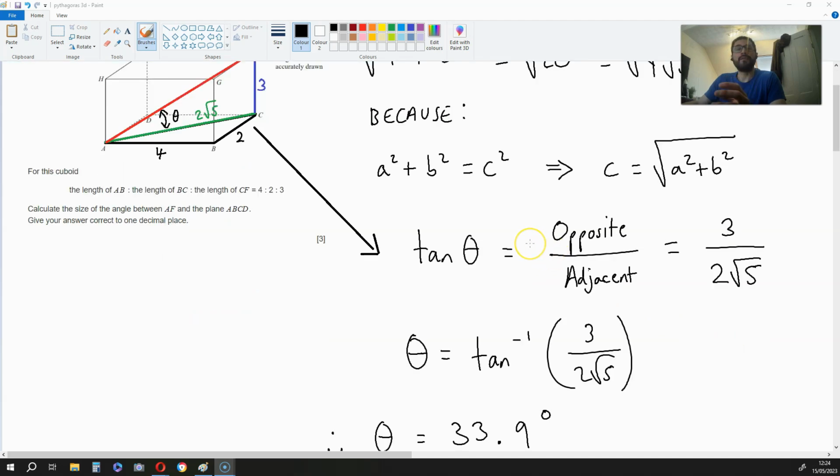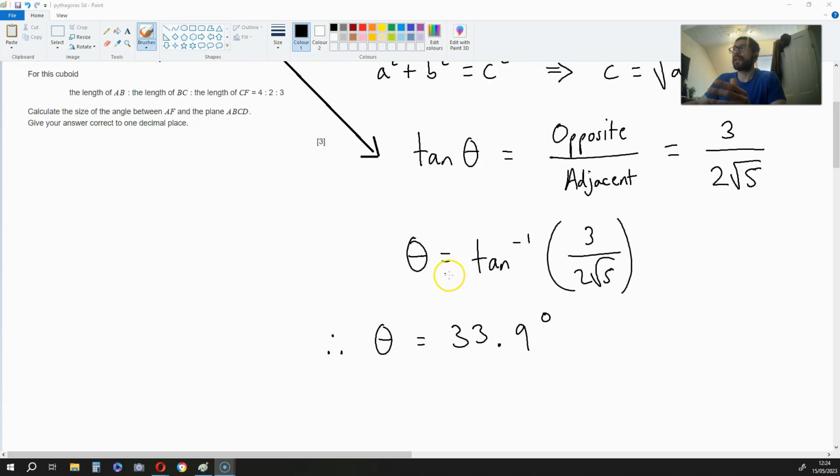Now, if we use the inverse function, that is arctan of 3 over 2 root 5, we can isolate theta on its own.